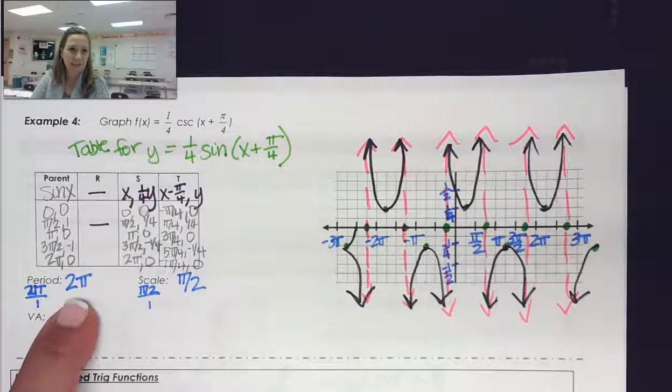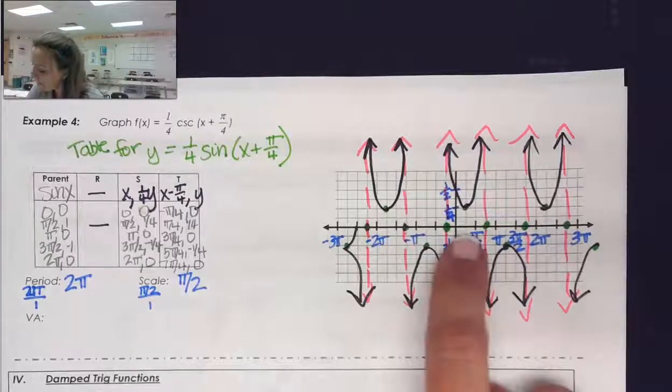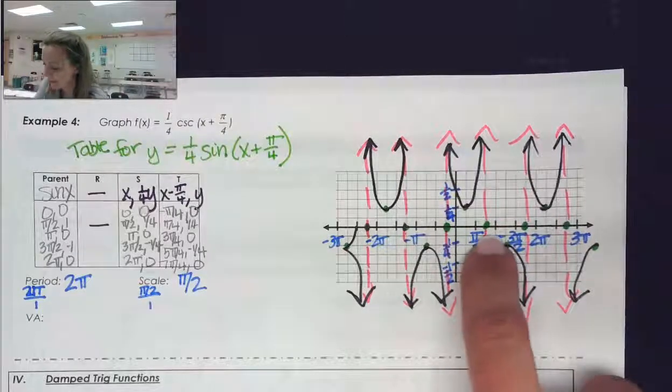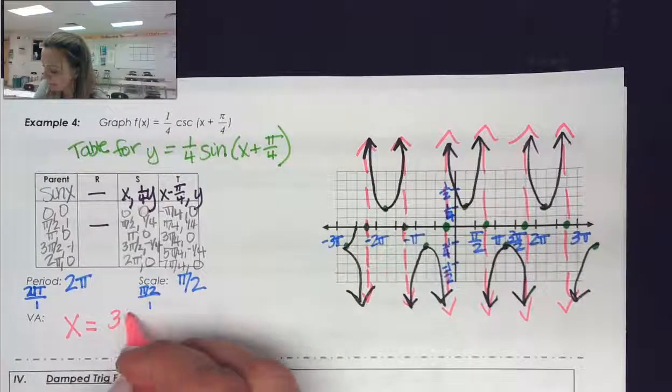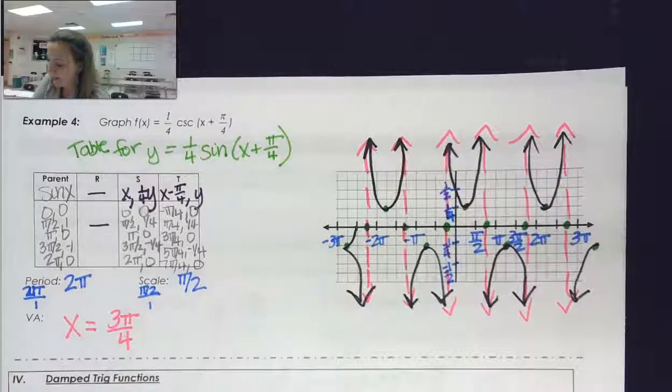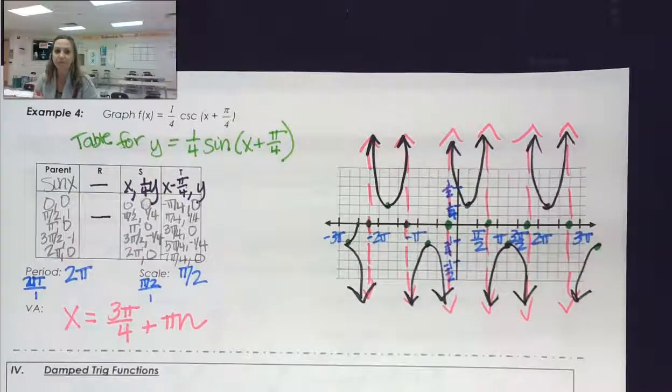You guys notice that the asymptotes for the cosecant and secant occur every half period, okay? So every pi units in this case. And I always like to start with the positive one. So my first asymptote was at 3 pi fourths. And then I see that they're going to occur every pi units. Okay? And that's what I need you guys to know about those trig functions.